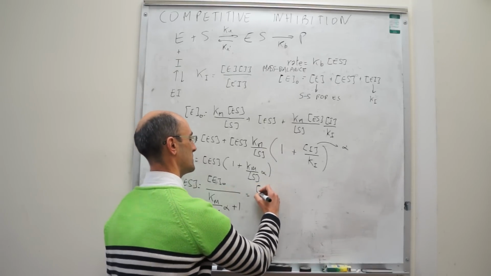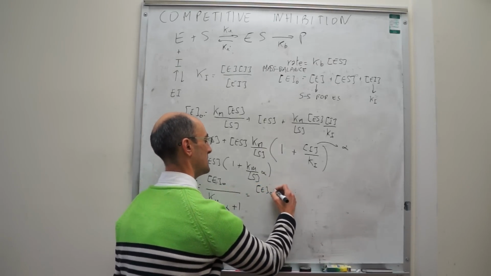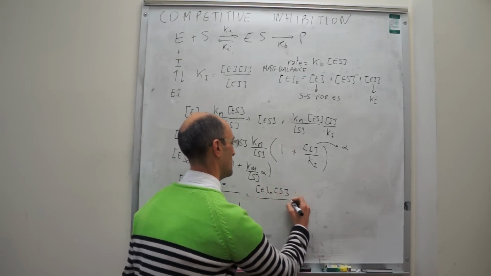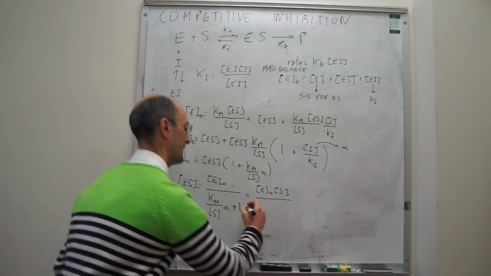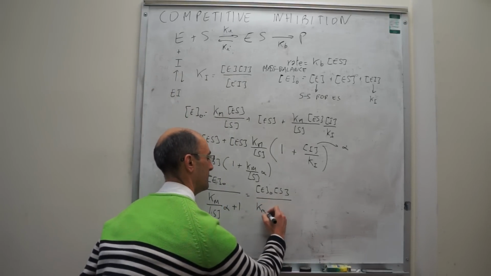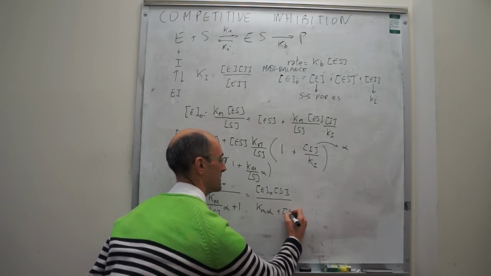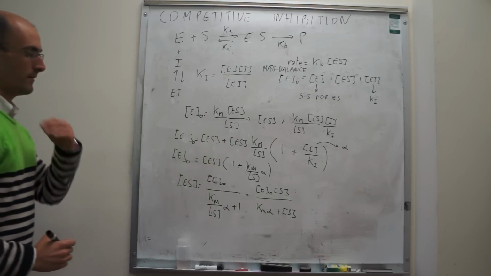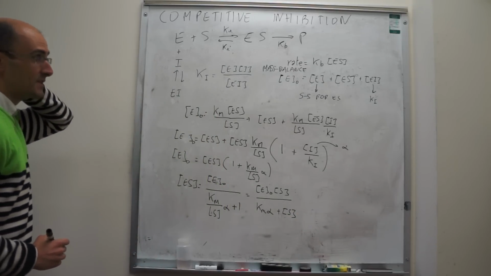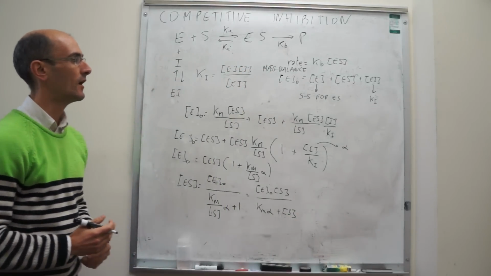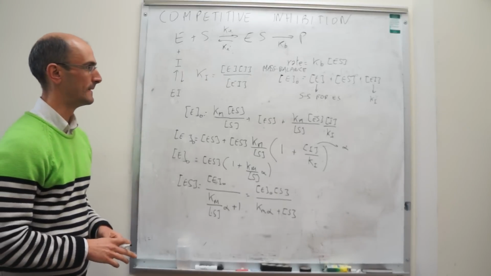So there's going to be concentration of E at time 0 times concentration of substrate over Km alpha plus concentration of substrate. And this is something that is going to be much easier to write into the rate law to find out what that rate law is.